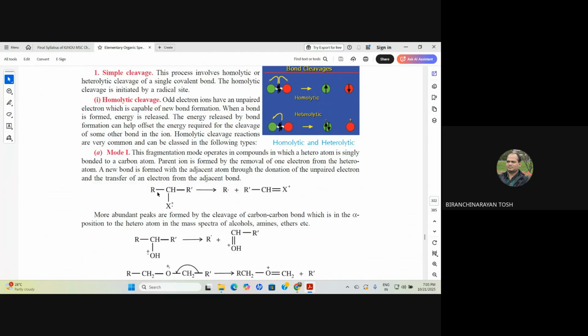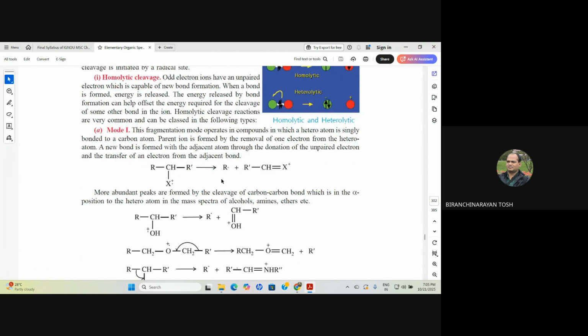R will be removed by homolysis, and we'll get a double bond to X. The parent ion is formed by removal of one electron from the heteroatom, and a new bond is formed by the adjacent atom through donation of an unpaired electron and transfer of an electron from the adjacent bond. So R dot will be formed, and you will get this ion.